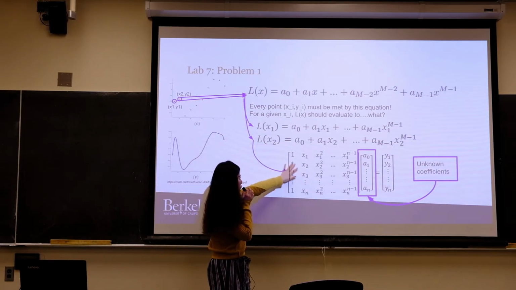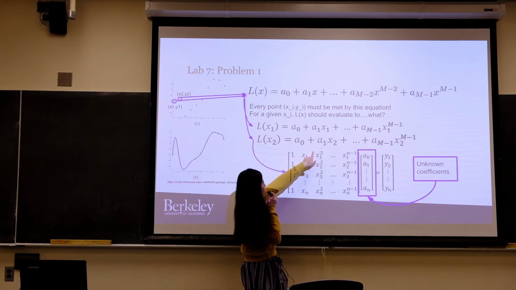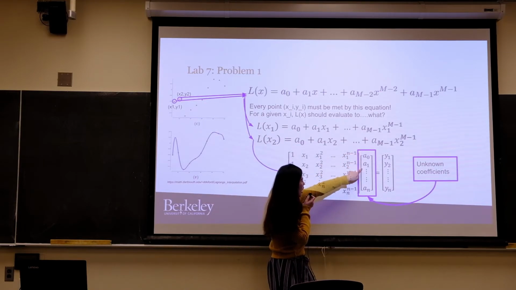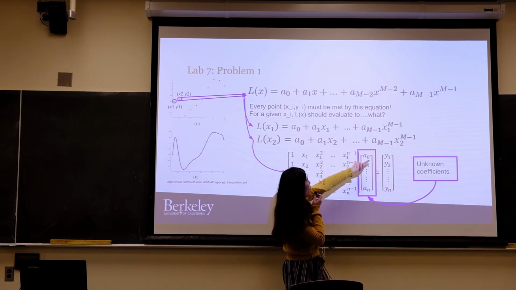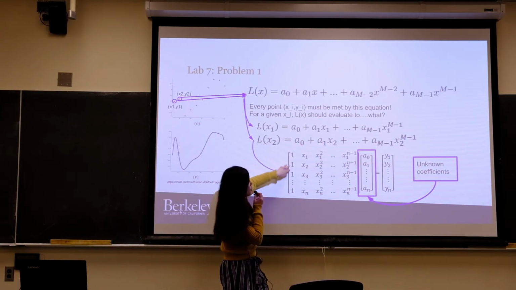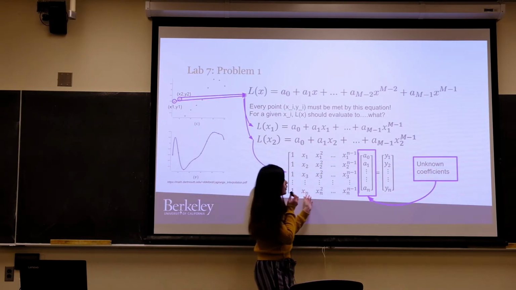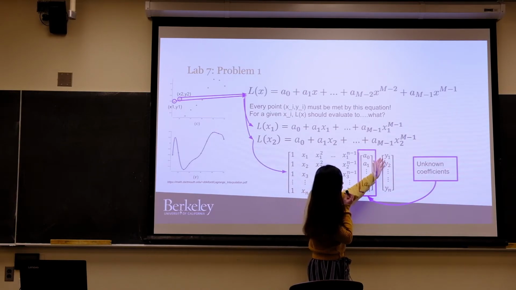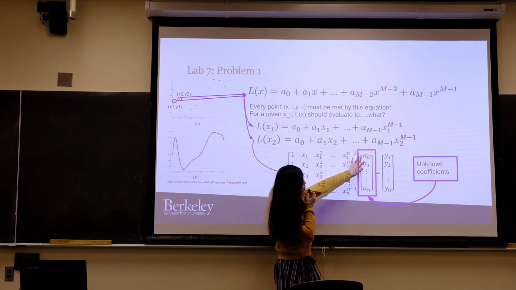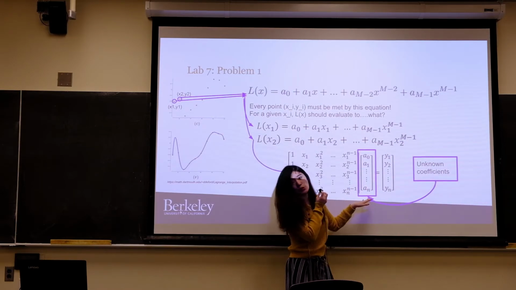For example, the first equation, we multiply this first row by the parameters and we get y1. In this matrix, we know all the values because we know x1, x2 until xn, and on the right-hand side, we know y1, y2 until yn. This is everything we know, but the parameters we don't know. We don't know a0, a1 until an, so that's the part we want to calculate.